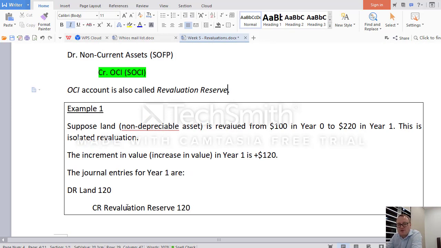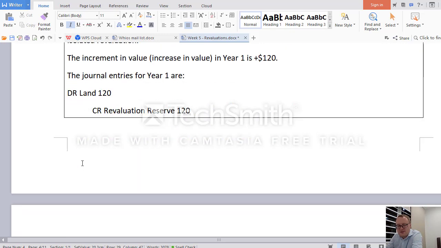It is obviously a credit, it's increasing your income, but not the core operation income, other income. But still, the balance should be created in the same way as when you earn revenue, when you have sales. So the normal balance is credit. The normal balance for asset is, of course, debit.